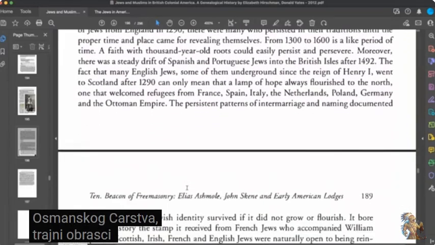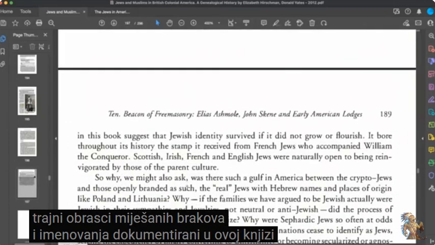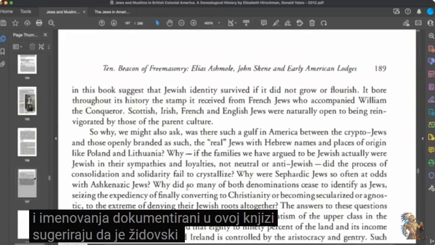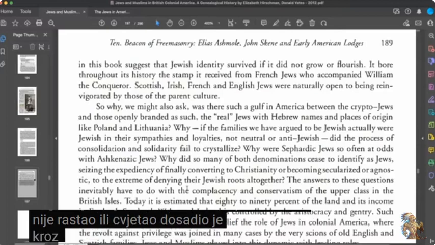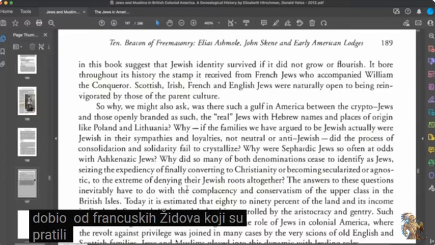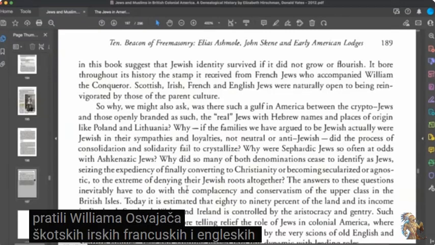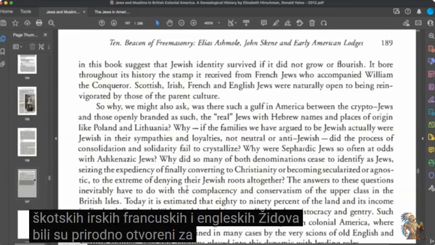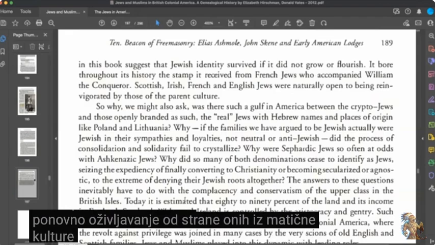The persistent patterns of intermarriage and naming documented in this book suggest that Jewish identity survived if it did not grow or flourish. It bore throughout its history the stamp it received from French Jews who accompanied William the Conqueror. Scottish, Irish, French, and English Jews were naturally open to being revigorated by those of the parent culture.